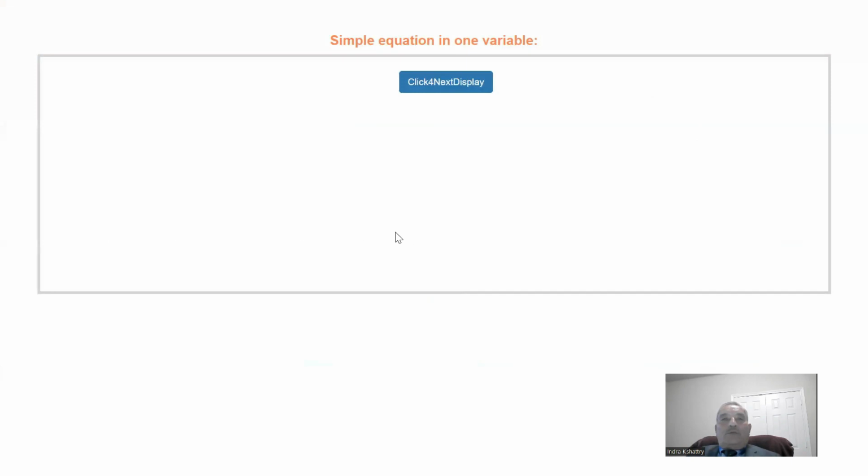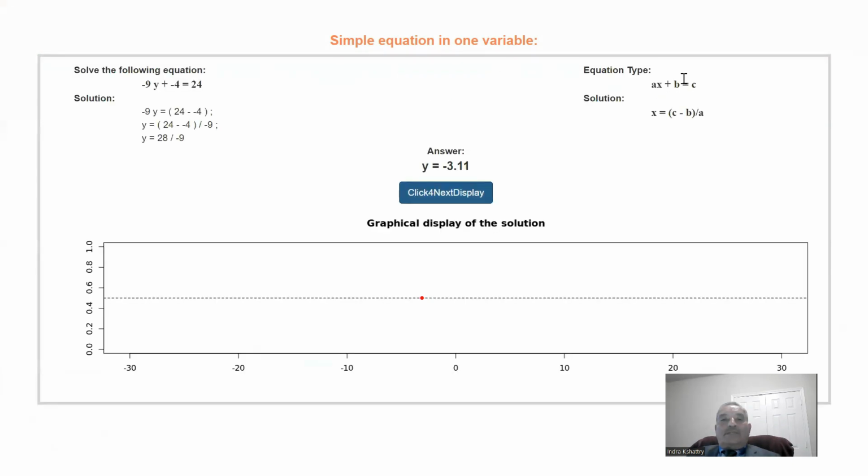Find the one unknown equation app at the refresh memory tab and click type 3 equation practice on the right. This will lead you to this page. Click this button to see the detailed work of this type, ax plus b equals c, with this solution. Here is the problem: 3y plus 7 equals 27.